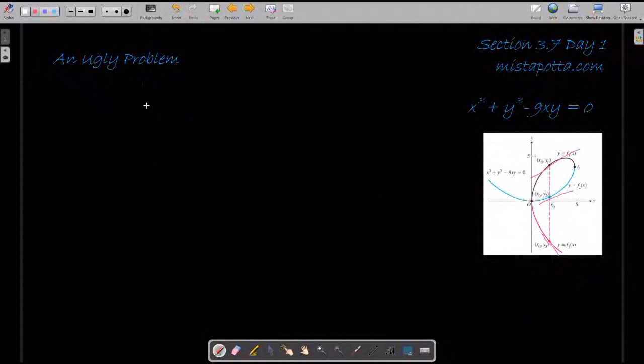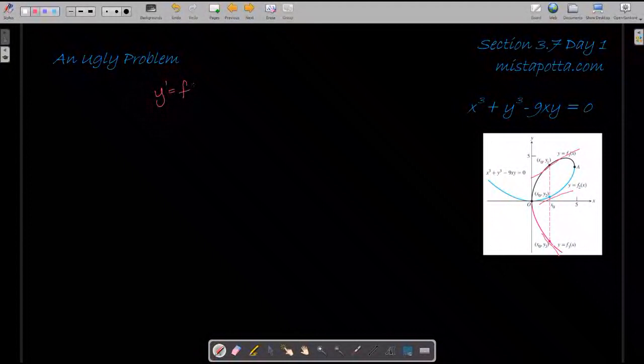So what we're going to need is a formula where the derivative is actually a function of both x and y. And so that means our derivative is also going to be a relation. And so we're going to need to talk about how we get that.